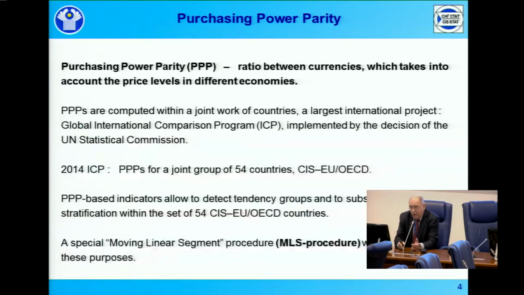This is a group of EU OECD countries, a joint group. This institutional region within the ICP was formed because the PPP-based comparisons started much earlier in this group of countries than the UN started it in the present form.